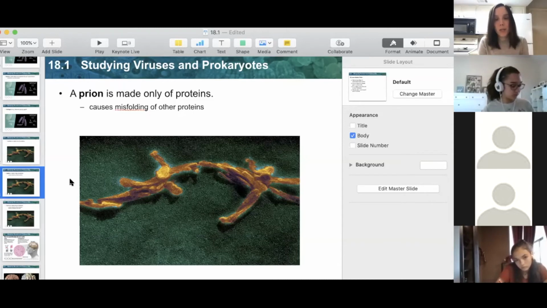And when that happens, they can't work anymore. So a prion has no DNA, no RNA. All it has is just protein. But based on the misshapen protein, it's able, like a domino, to make all the other protein around it unravel. And it creates damage in the body.